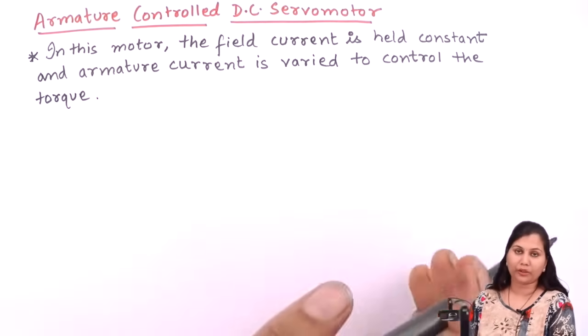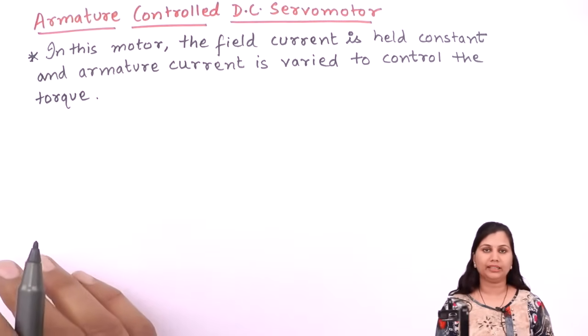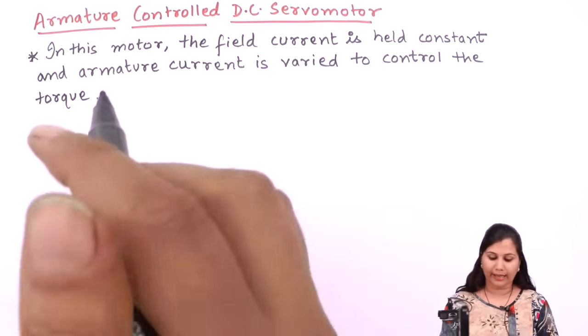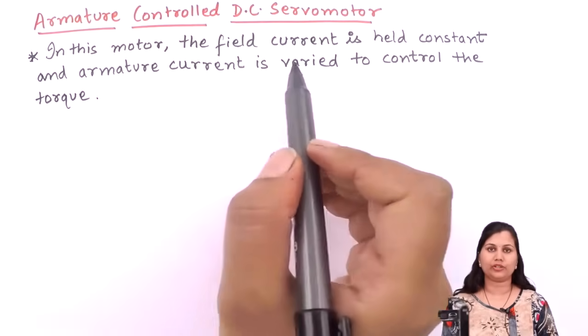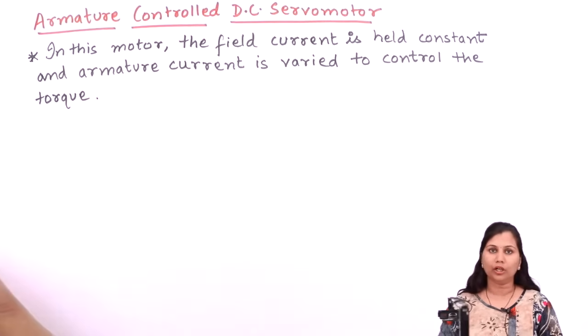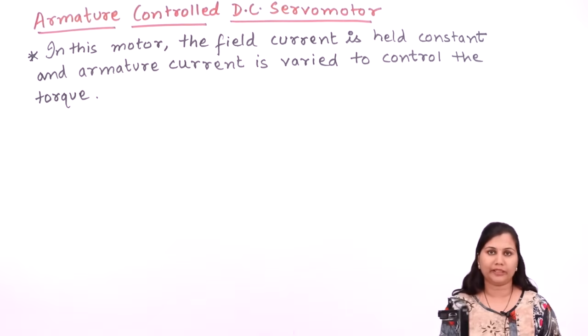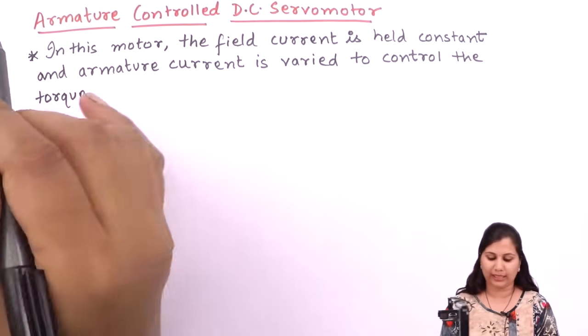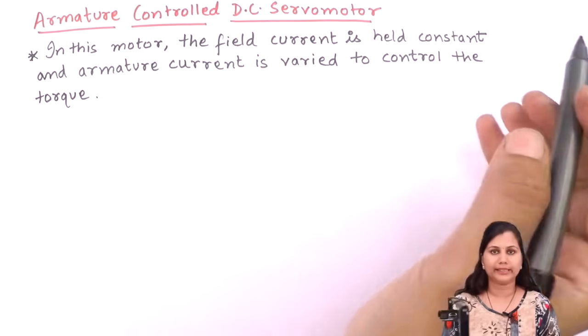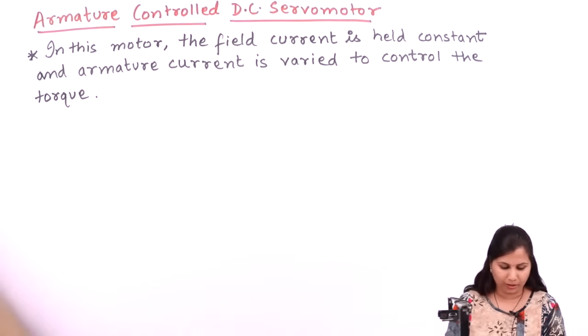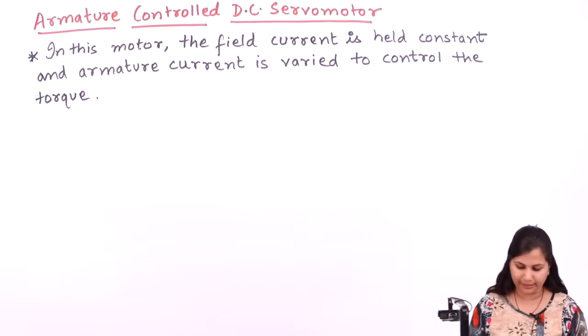So in this motor, we are keeping the field current constant, and we are varying this armature current to control the torque. So the control of the servo motor is on the armature side. That is why it is known as armature controlled DC servo motor. Now let's see the circuit diagram for it.